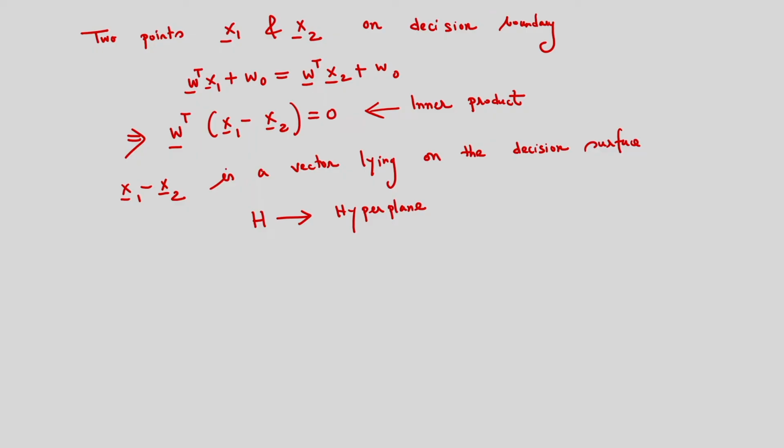Now based on the discriminant function, how can I take a classification decision? In Bayesian decision theory I have already explained this, but I want to repeat the same thing here. Moving to the next slide, I can show you how to take a classification decision based on the linear discriminant function.